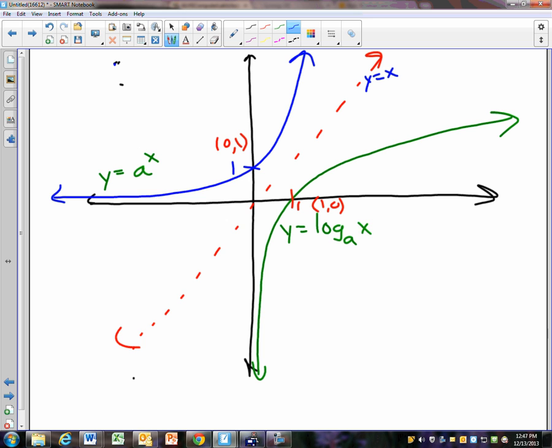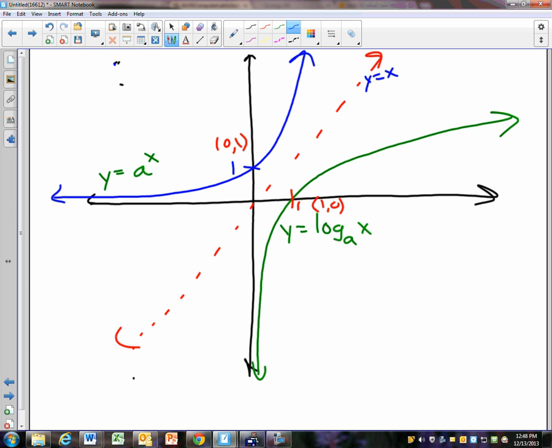But look at the green graph. We said the domain for the blue graph. What kind of numbers can you plug in for the blue graph? You can plug in anything you want. But you can't get out what kind of numbers? Negative. Well, it switches for the green. What kind of numbers can you get out?